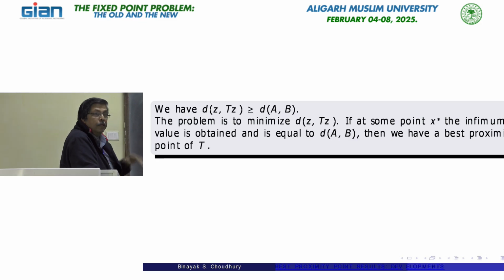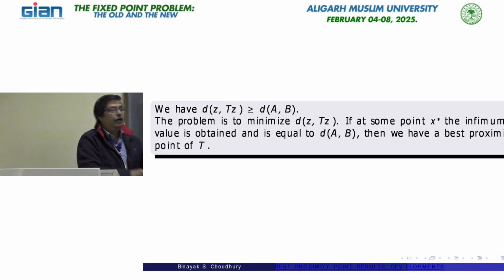If in the process of minimization, you can assure by imposing some sufficient conditions that the other thing is going to happen, then you can say that we have attained a best proximity point in this particular case.